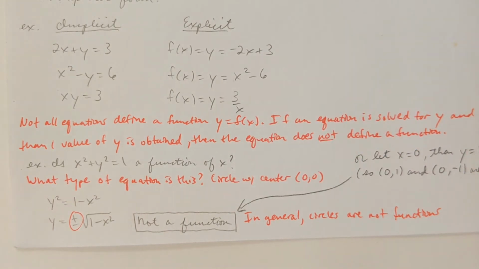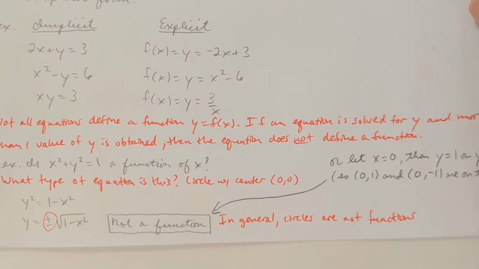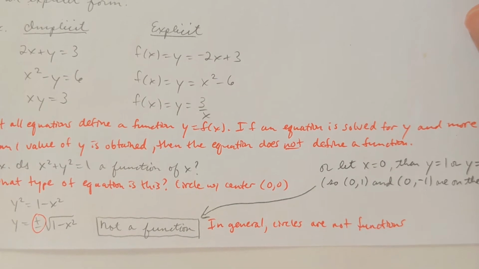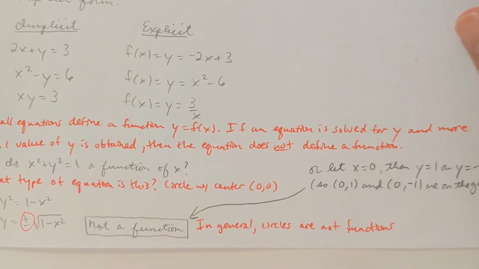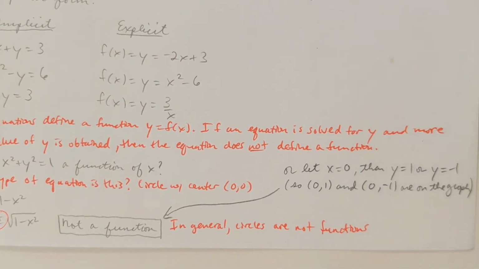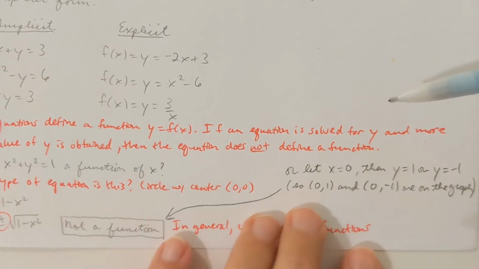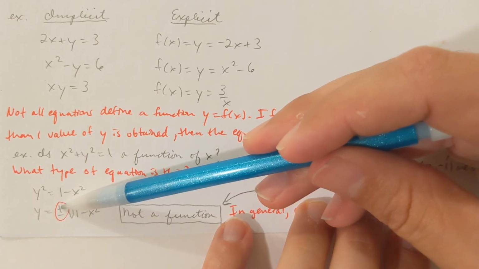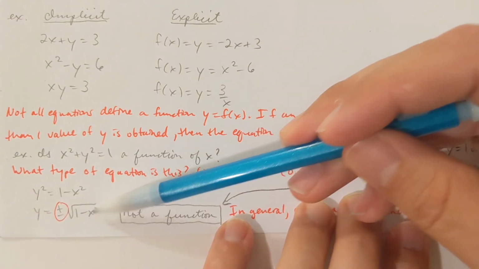If we were to let x be 0, then y would be 1 or negative 1. Okay, and let's just check that. If x is 0, y is equal to positive 1 and y equals negative 1.